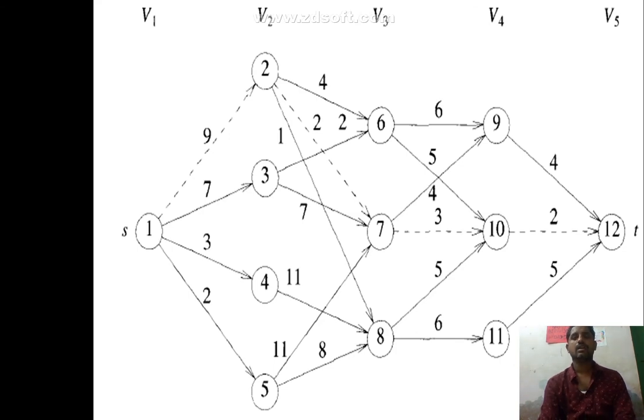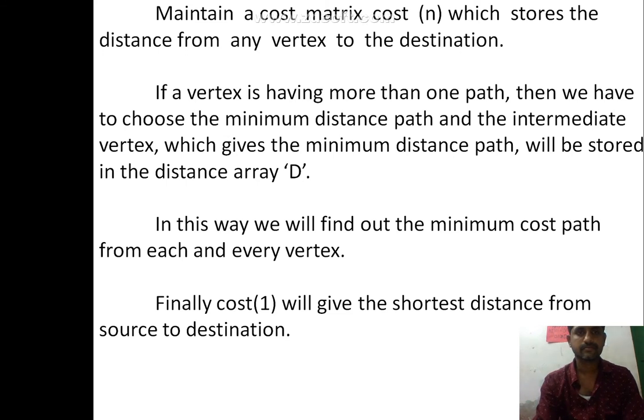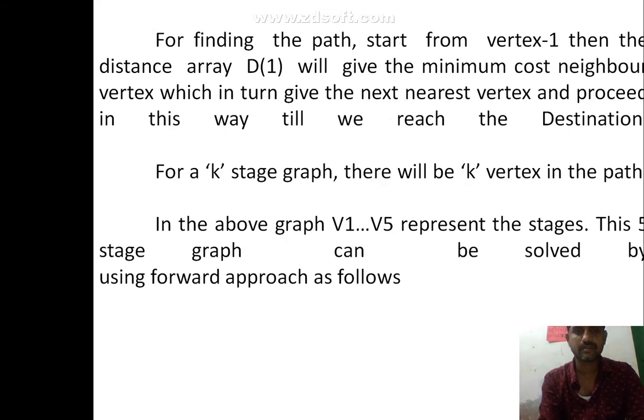Here we maintain a cost matrix which stores the distance from any vertex to the destination. If a vertex is having more than one path, then we choose the minimum distance path, and the intermediate vertex which gives the minimum distance path will be stored in the distance array D. In this way, we find the minimum cost path from each and every vertex, and finally we get the shortest distance from the source to destination.